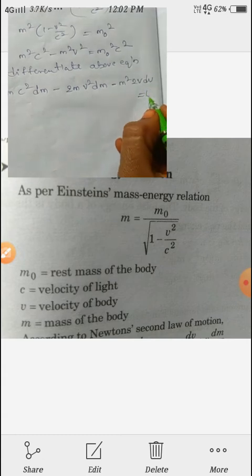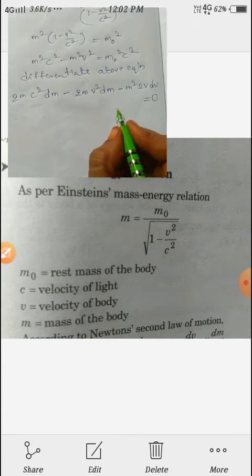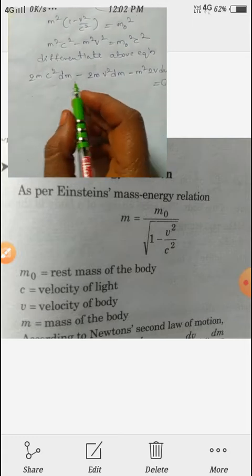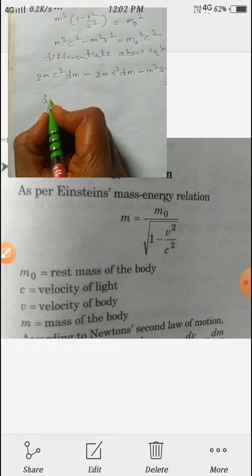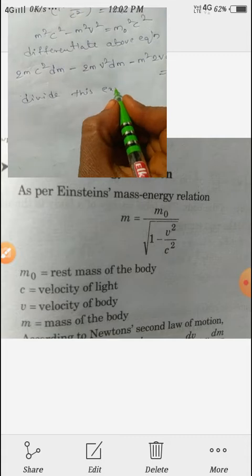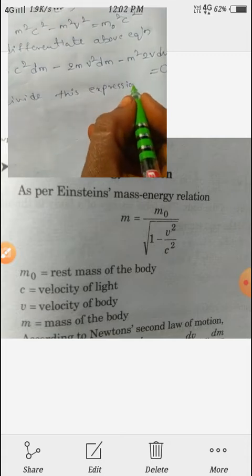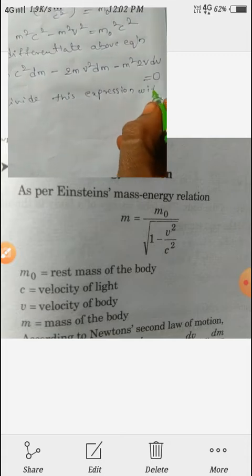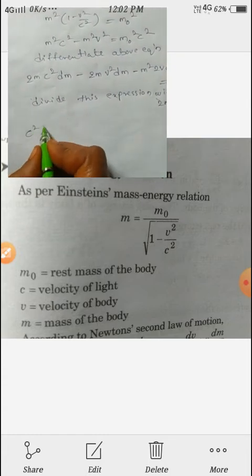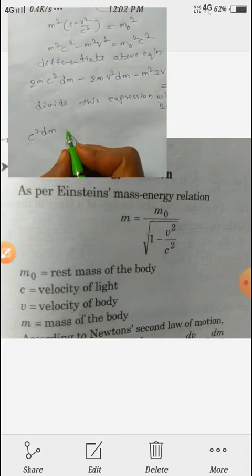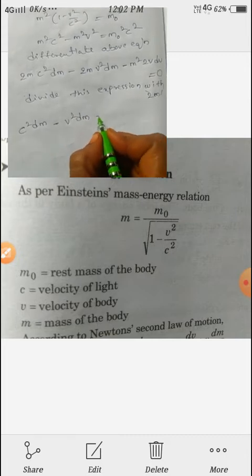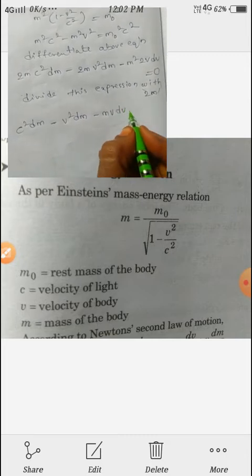Constant differentiation is 0. Divide this expression with 2m. So c square dm minus v square dm minus mv dv is equal to 0.